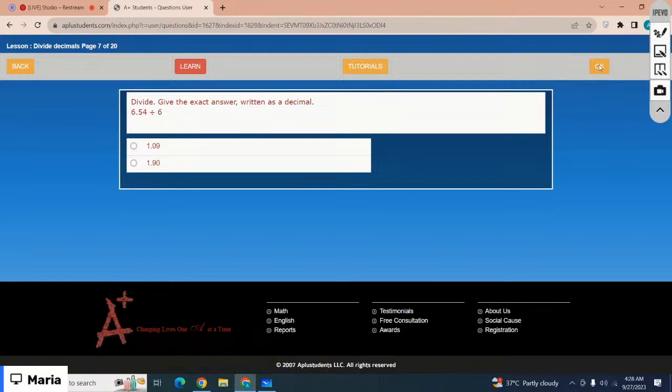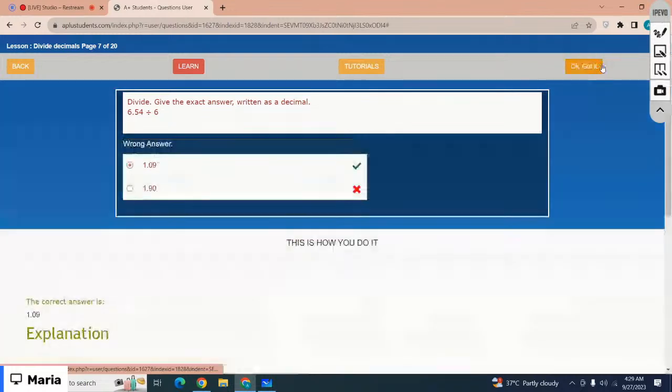Okay, 6.54 divided by 6 equals, the correct option is 1.9, right? The second option is the correct option, right? 1.09.